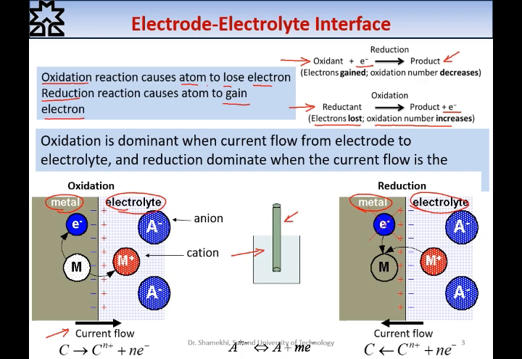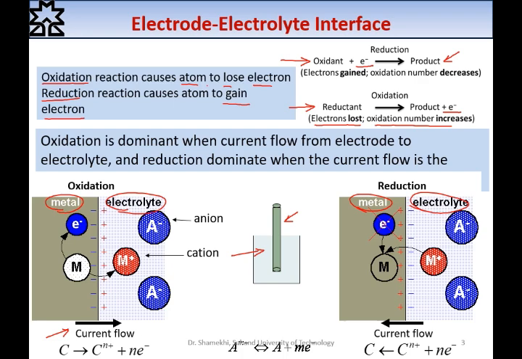The current flow and the flow direction of electrons are opposite. It means that if the current flow is from the left to right, the direction of the electron is from the right to left.